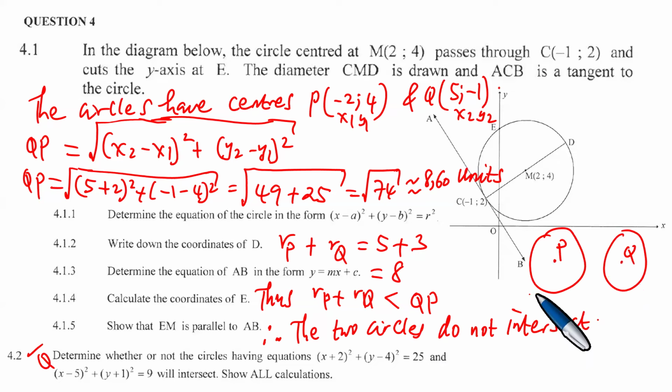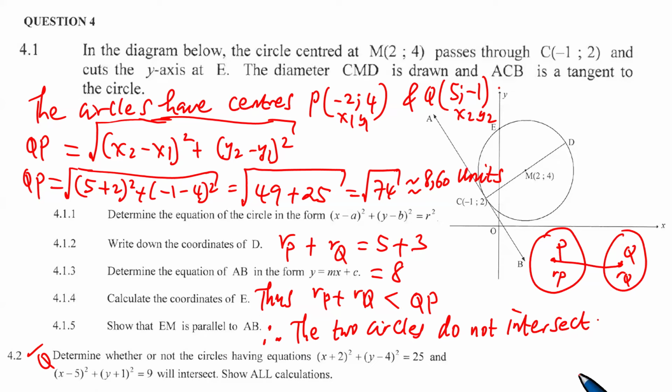If you find the distance between the centers, you can see that it is so big that these circles are very far from each other. When you add RP and RQ, it's very small, and the circles are far from each other. This is a sign that these two circles will not intersect, like as shown in the diagram there.